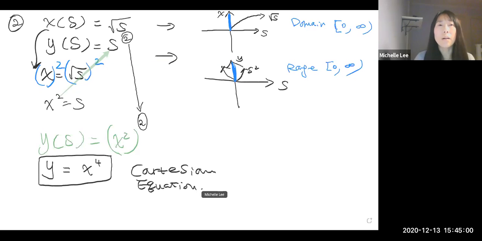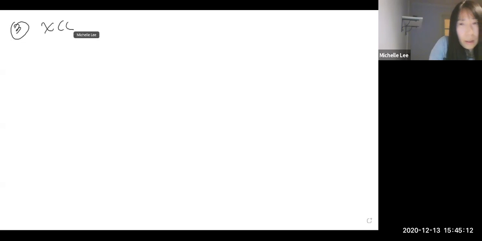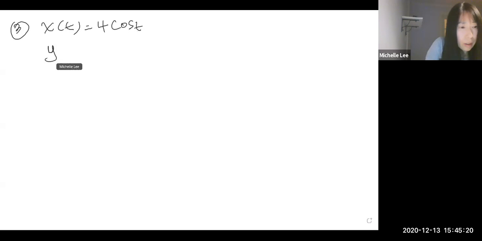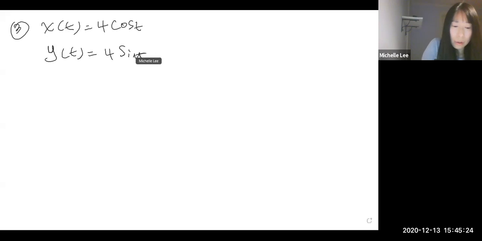Okay, now let us do the last one, number 3. So x of t equal to 4 cosine t, and y of t equal to 4 sine t. Look, we have a 4 there. Think about the cosine, right?